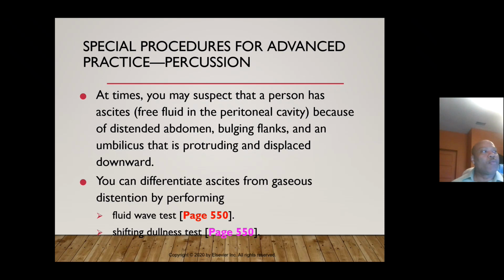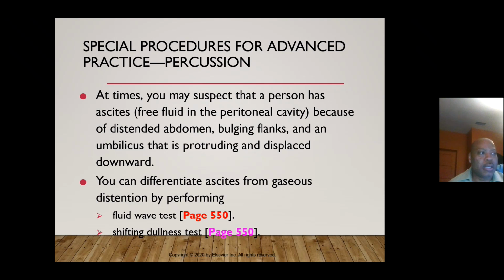All right, so we're getting back into some percussion here. Now, there are times that we may suspect that the patient has ascites, which is free fluid in the peritoneal cavity.